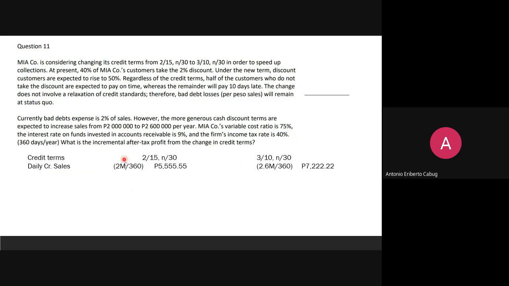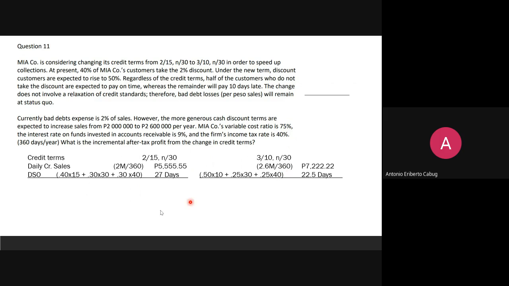Originally, 2M over 360 is 5,555.55. It is going to increase to 2.6 million over 360, that's 7,222.22.